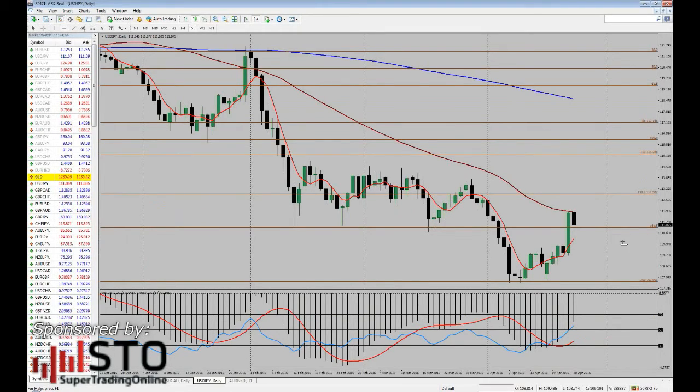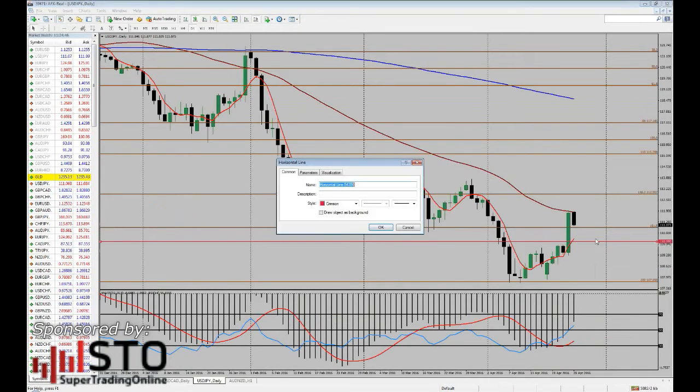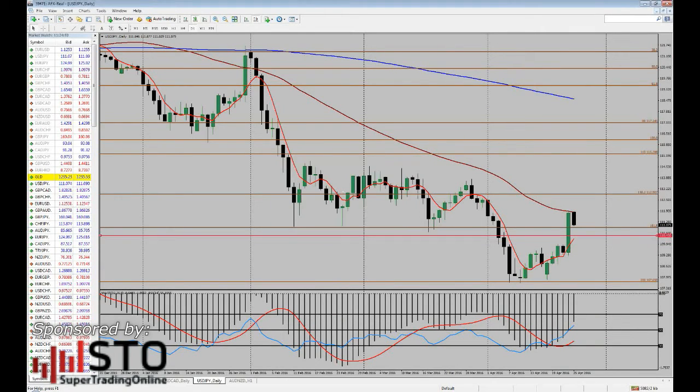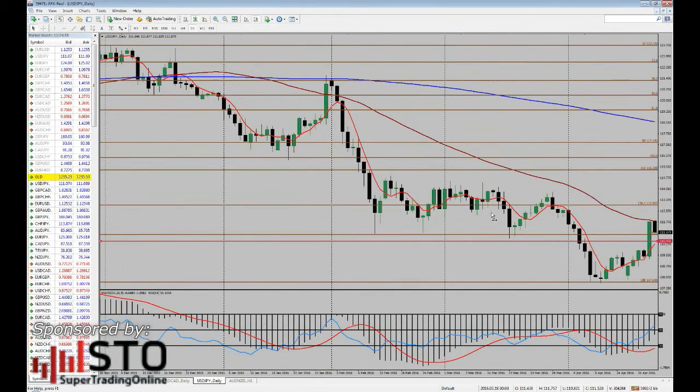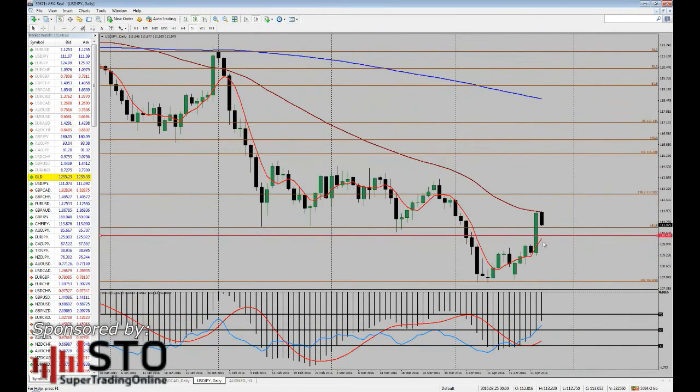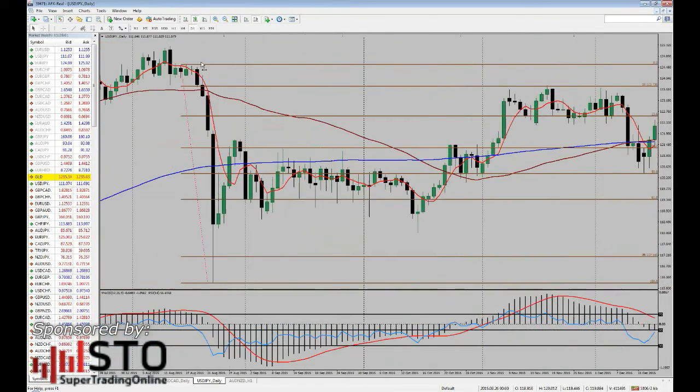Let me draw that level with a trend line for you. So 110 level overall, 110.45 level. You can see that this is the level in general strong in history we have to look into.